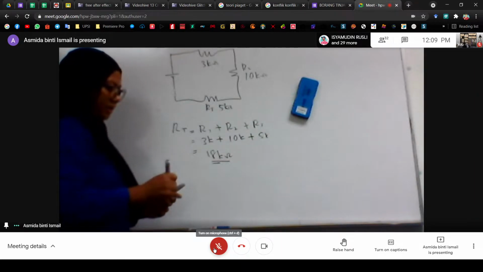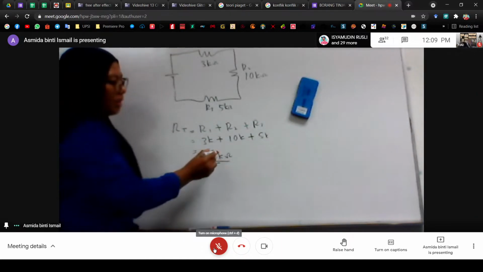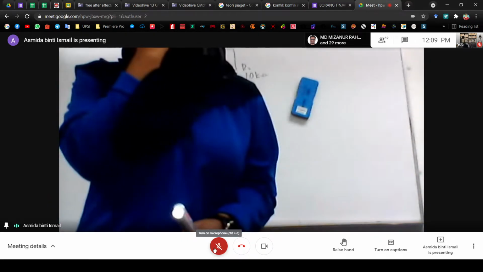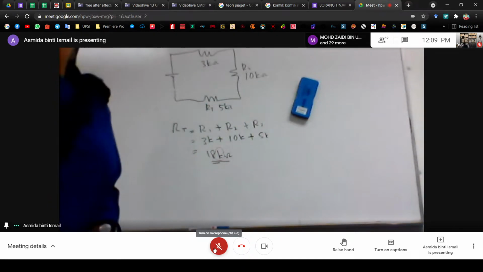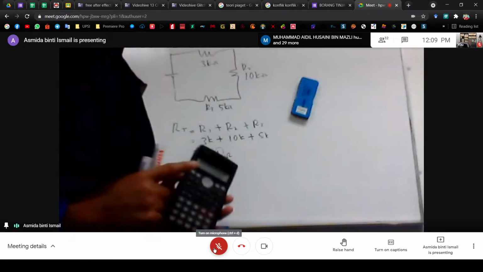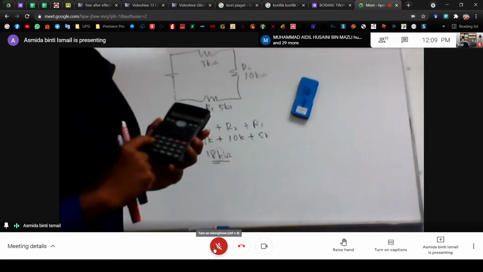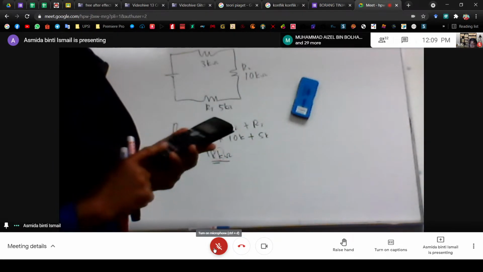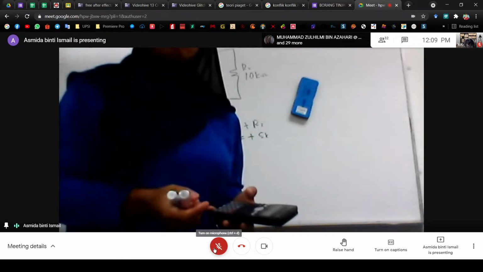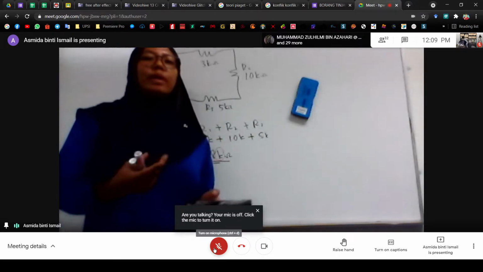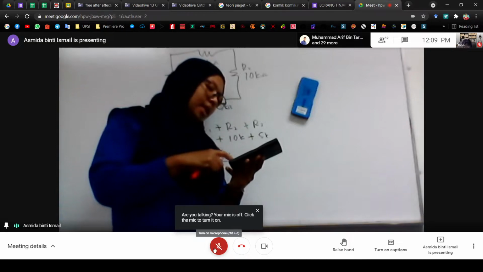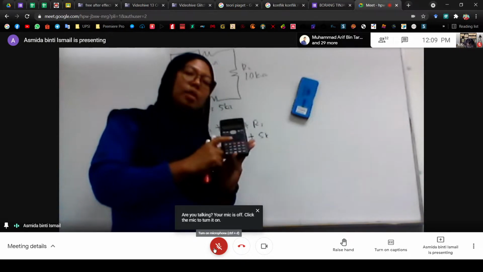Okay. So don't miss this kilo. Don't miss this kilo ohm. Okay. Actually, your calculator has a function where you can put the value of milli, mega, kilo, or whatsoever if you want lah. Okay. So sebenarnya you boleh terus masuk dalam calculator awak ni.